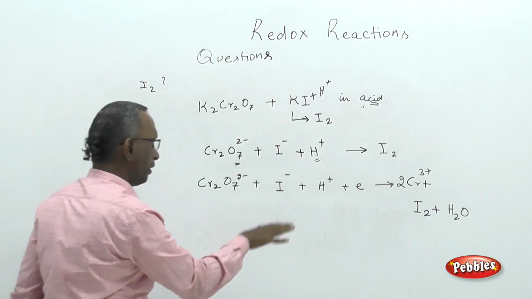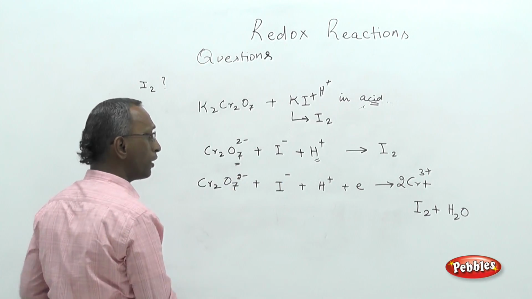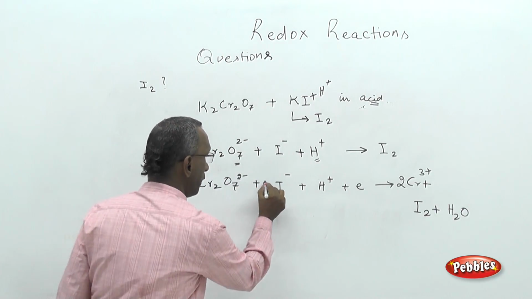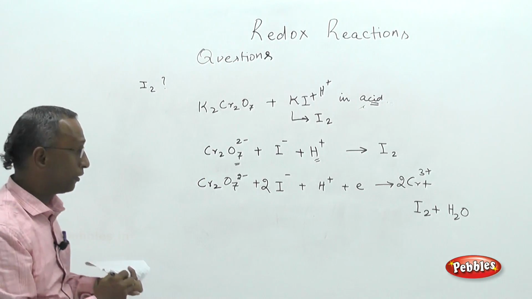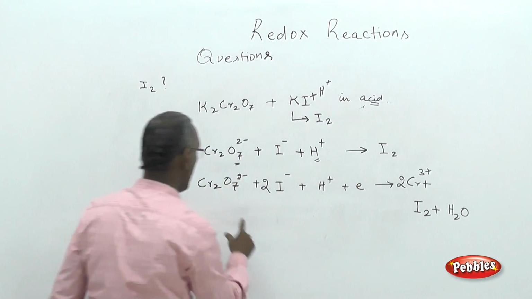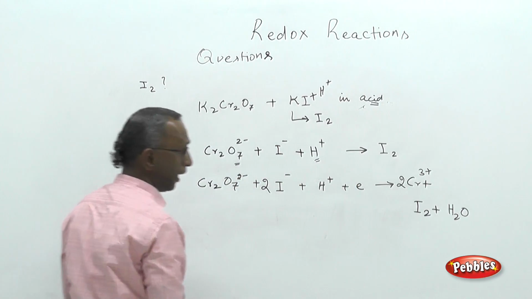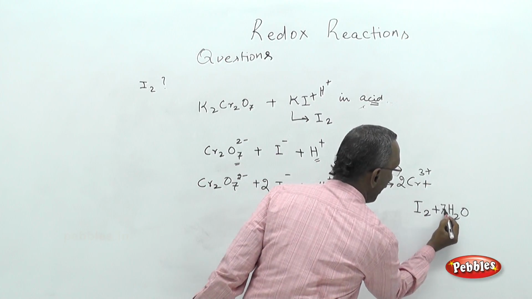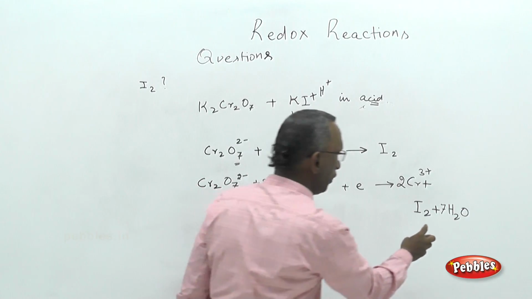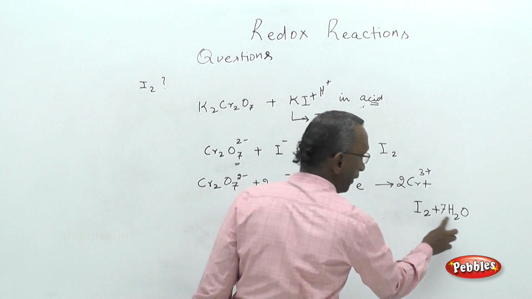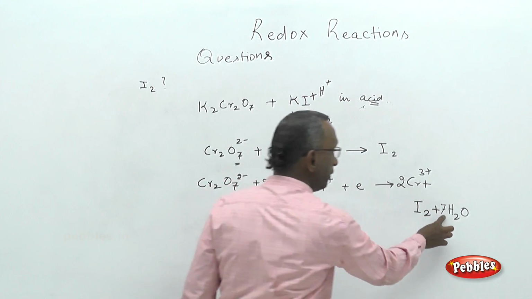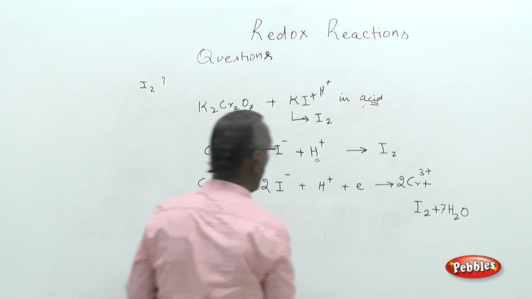Now we have to check for charges, but before that, conservation of mass. 2 iodine atoms are there on the product side, so balance 2 iodine on the reactant side: 2 I minus for I2, and 2 Cr. 7 oxygen atoms are on the reactant side, so 7 water molecules are formed. 7 times H2 gives 14 hydrogen atoms on the product side.